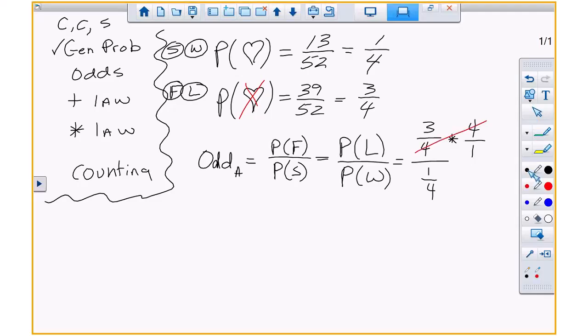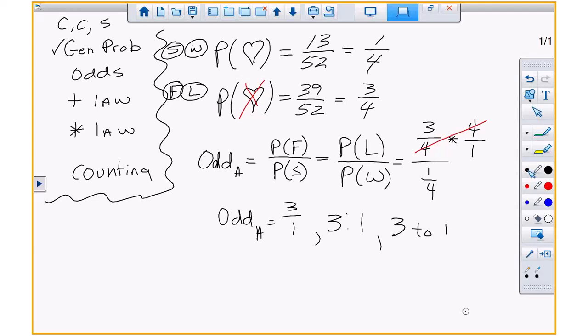So your odds against winning is 3 to 1. You can write that 3 ways: 3 over 1, 3 to 1, or 3 colon 1.